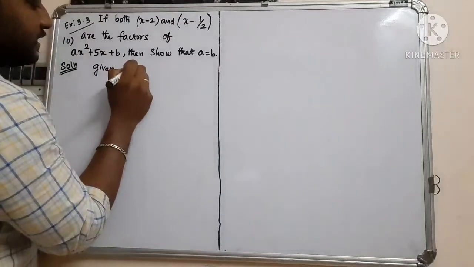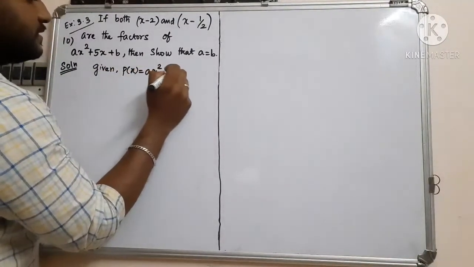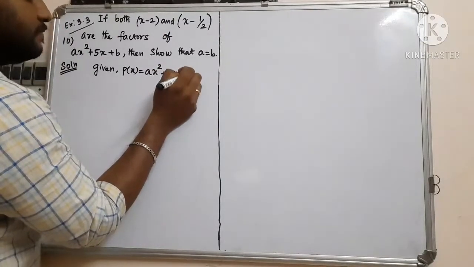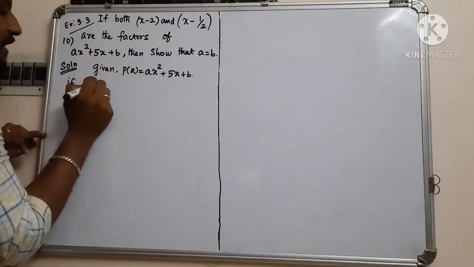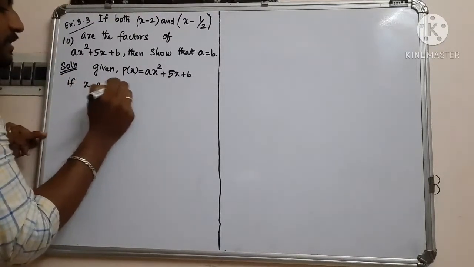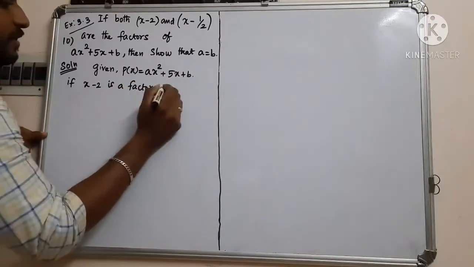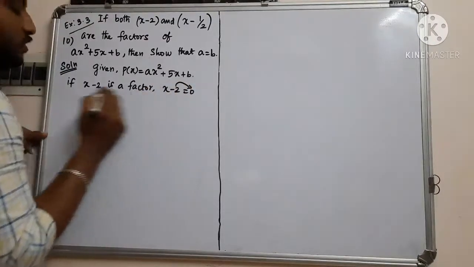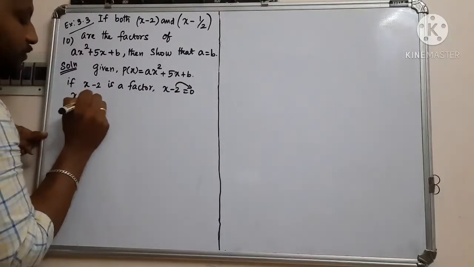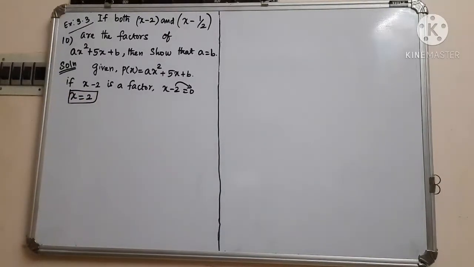p of x is equal to ax square plus 5x plus b. So what is that? If x minus 2 is a factor, then x minus 2 is equal to 0. Then minus 2 will change into plus 2. So therefore x is equal to plus 2. So substitute x value is equal to 2 instead of x in p of x.